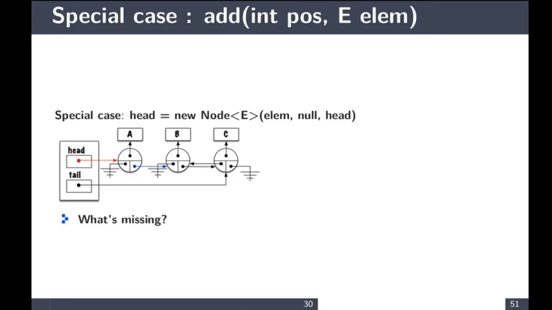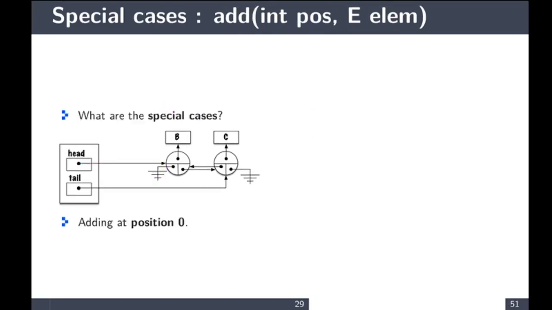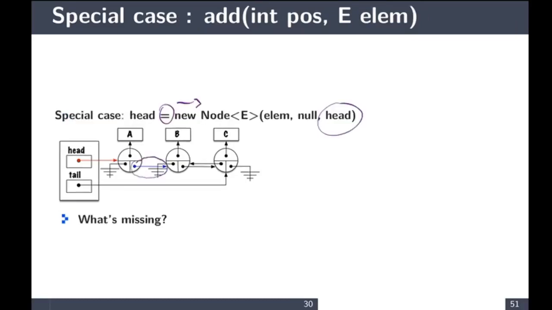Remember that when we're executing this statement, we're first executing the right-hand side. So we take the current value of head and store this inside the instance variable next of the new node. B used to be our first element. It was designated by head. This value is now stored in the instance variable next.